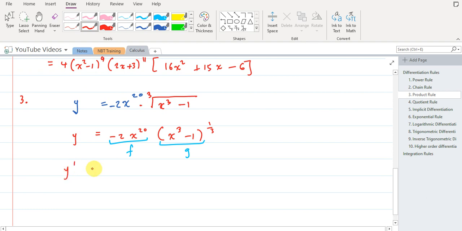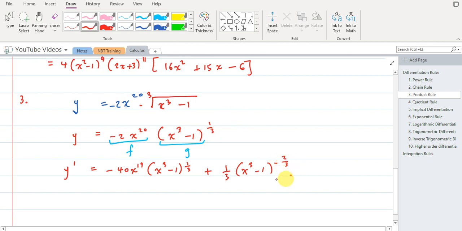So y prime is equal to, if you find the derivative of the first function, which is f, we just use the power rule: minus 40x to the power 19, and leave the second function, which is x cubed minus 1 to the power 1/3, plus the derivative of the second function. The derivative of g is 1/3 times x cubed minus 1 to the power negative 2/3, because 1/3 minus 1 is minus 2/3.